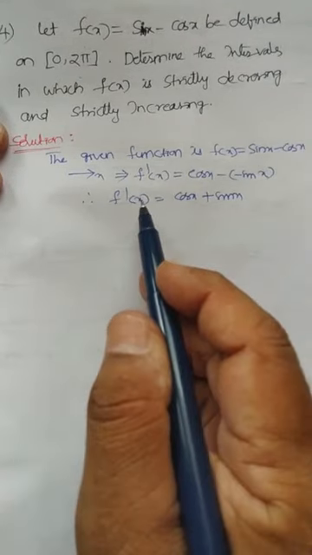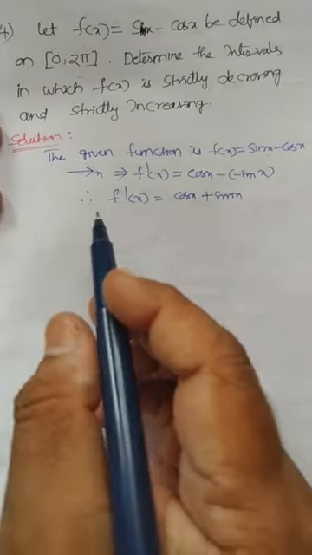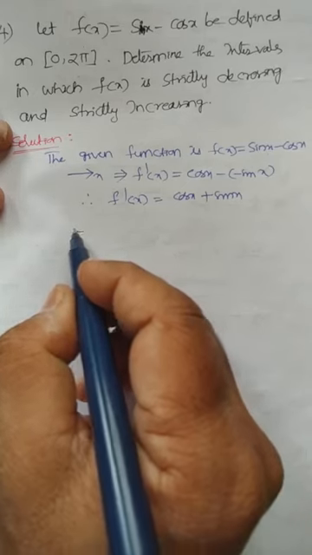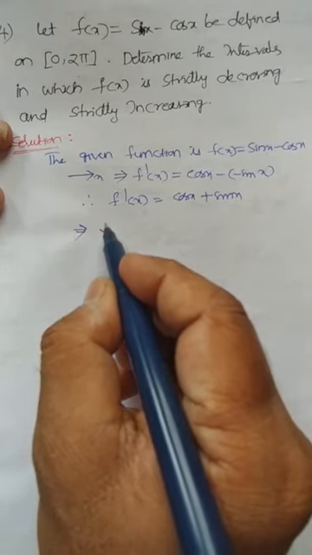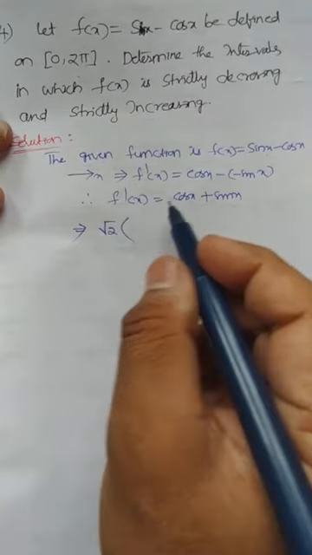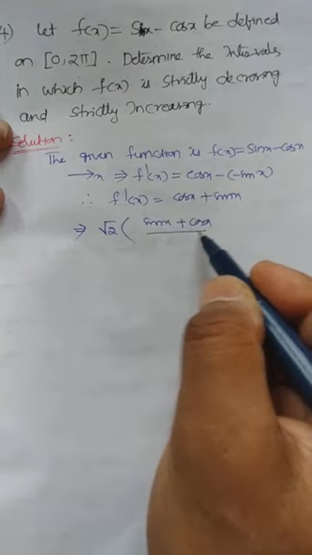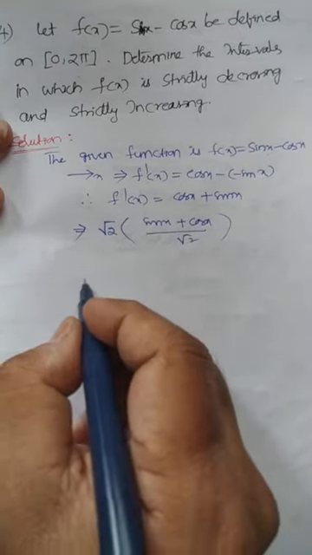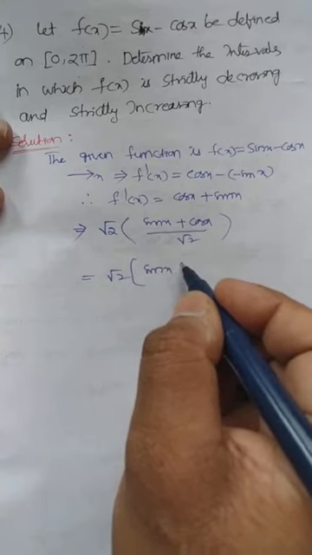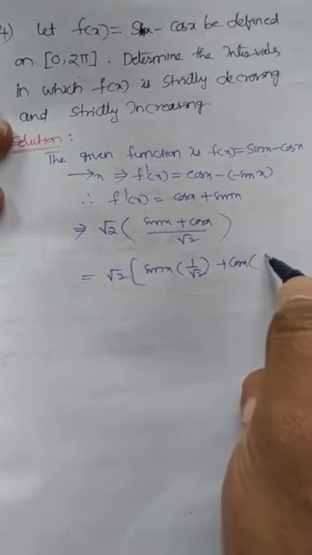To observe whether the f dash of x value is positive or negative, I will apply a simplification method to this equation. I will multiply it by root 2 and divide it by root 2, so it can be written as root 2 into sin x into 1 by root 2 plus cos x into 1 by root 2.